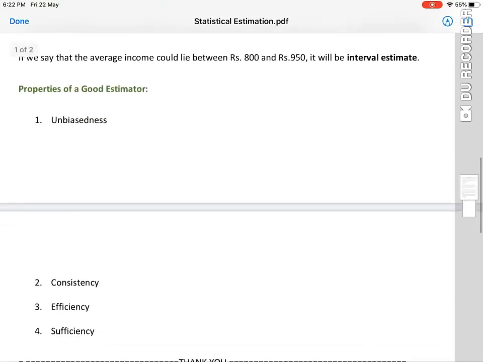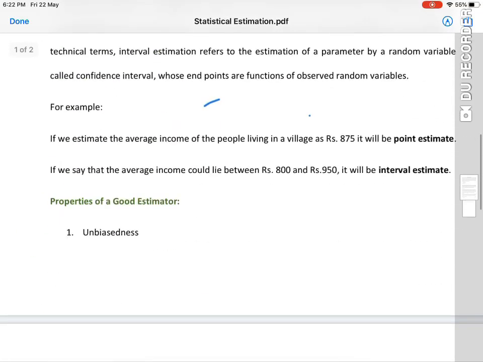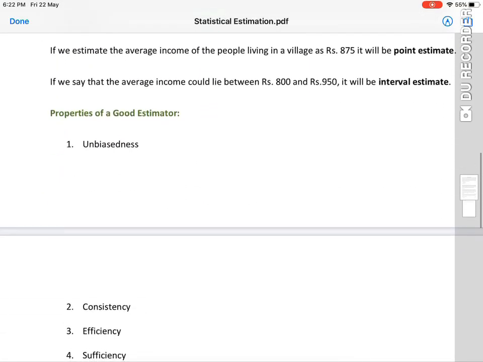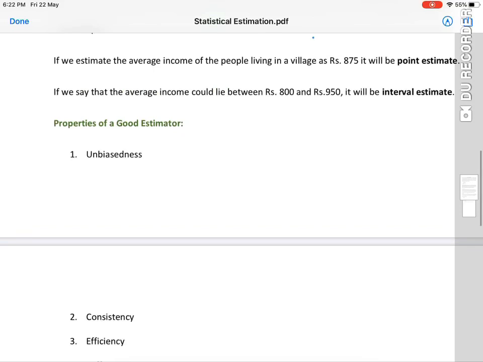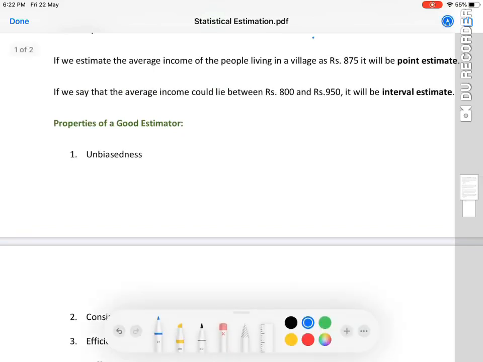The second property of a good estimator is consistency. Now when do you say an estimator is consistent? The estimate you are getting should be close to the population parameter. As and when the value of n increases, for example, for n equals 5, I got my x bar equals 2.5.